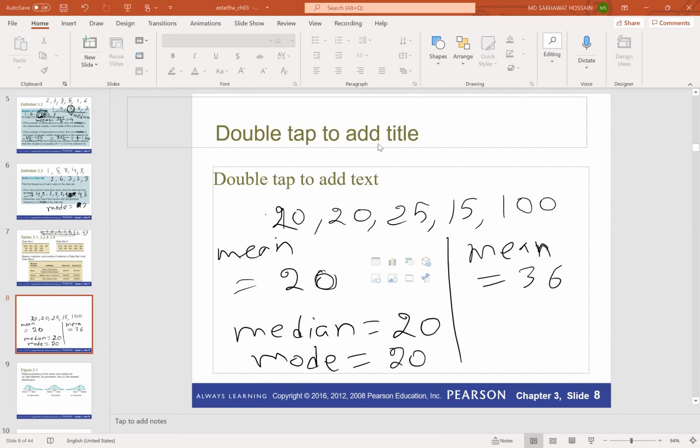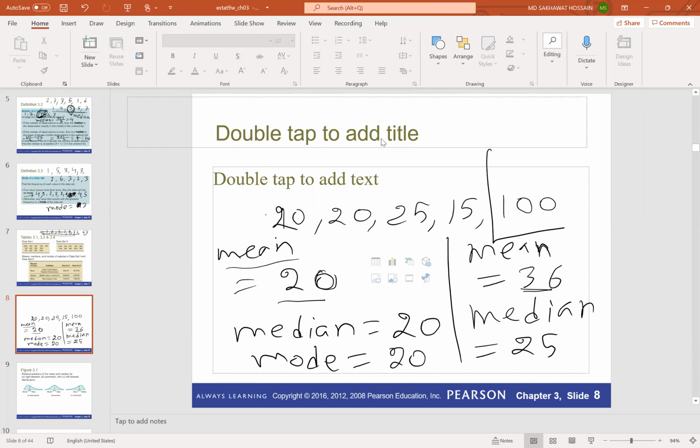So what is the median? What is the median of this data set? Median is 25, right? Okay, now if you look at this data set, you can see the mean in the previous case was 20, now it is 36.